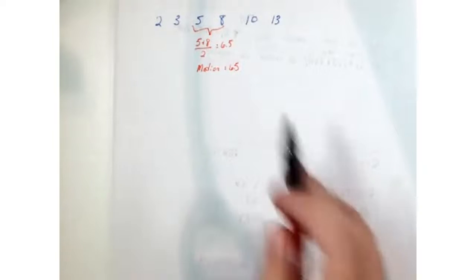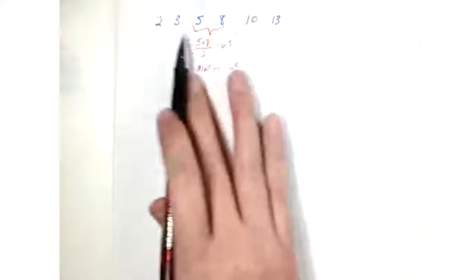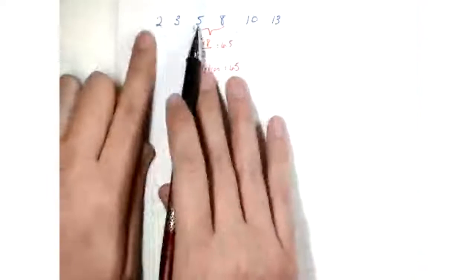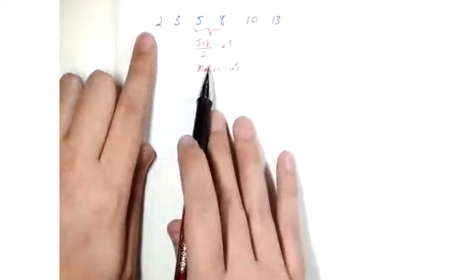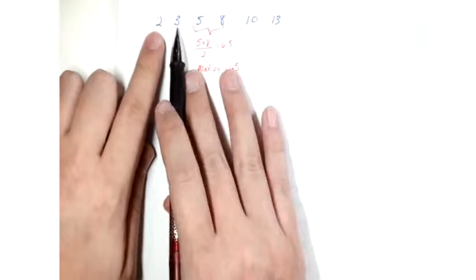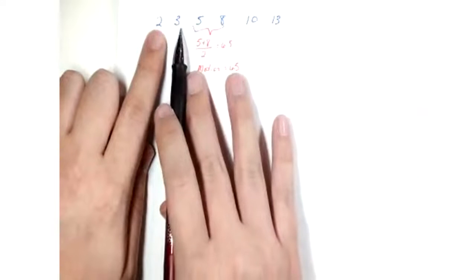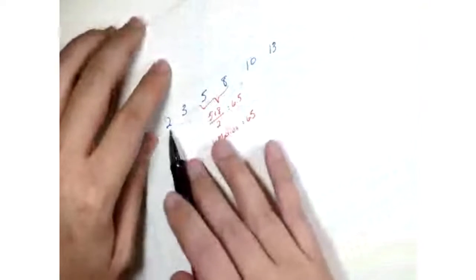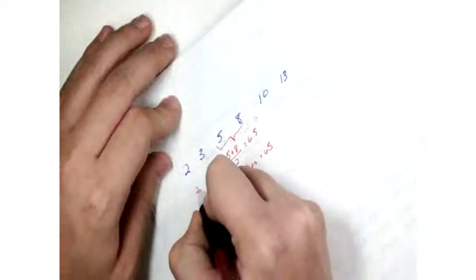Okay, so now you want to find the median of the data values that fall below the median and above, and that'll be Q1 and Q3. So the median of the data values below the median of 6.5 is going to be, so average 2 and 3, and that'll be 2.5.